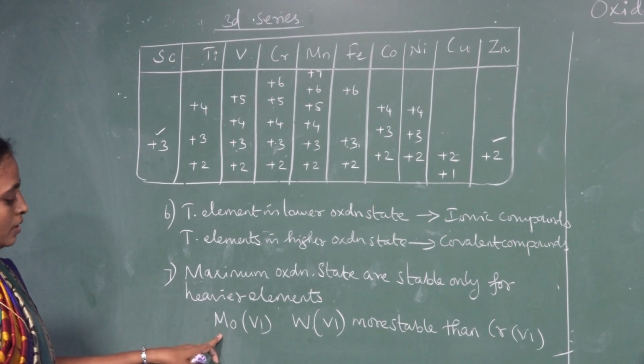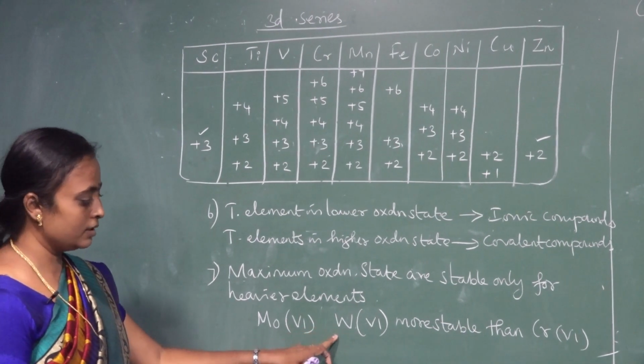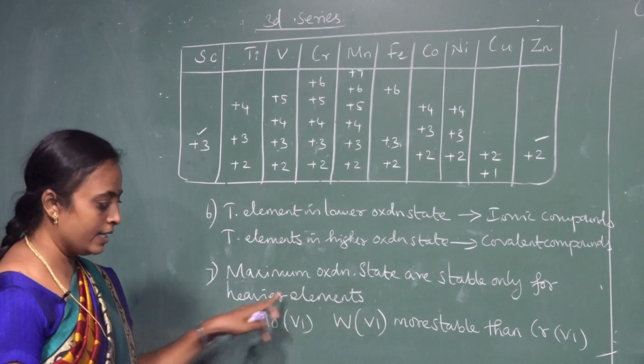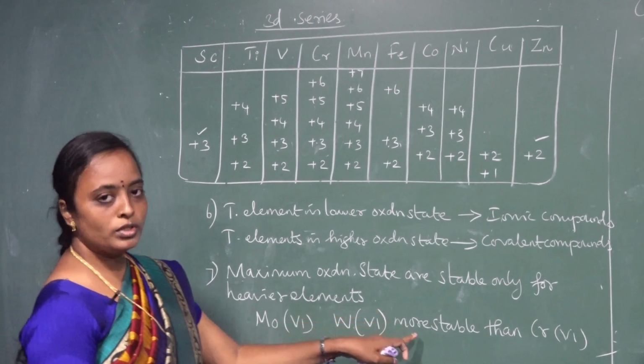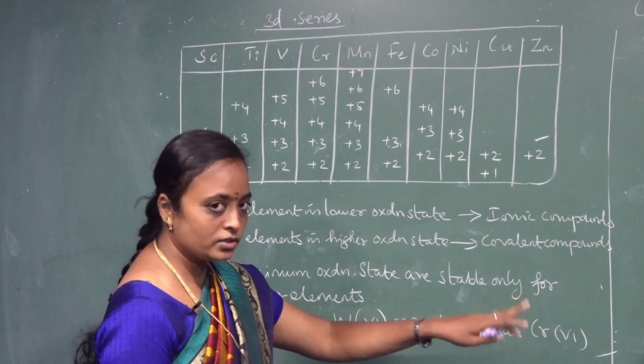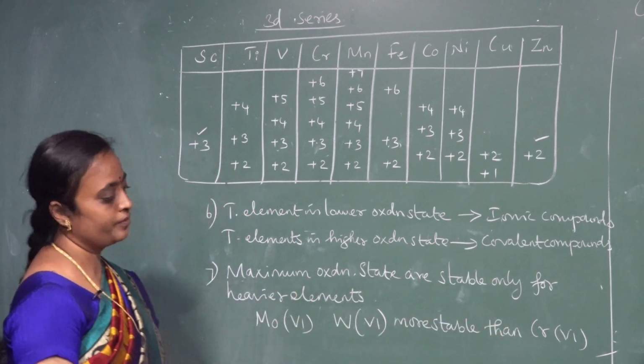So molybdenum in the oxidation state of 6 and tungsten in the oxidation state of 6, that is higher oxidation state, are more stable than chromium, which is also in its higher oxidation state of 6.